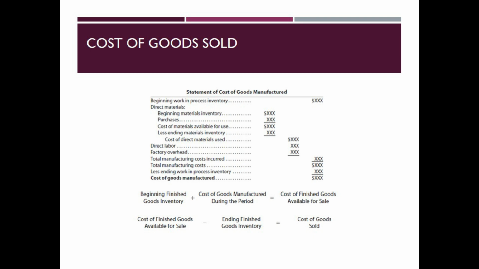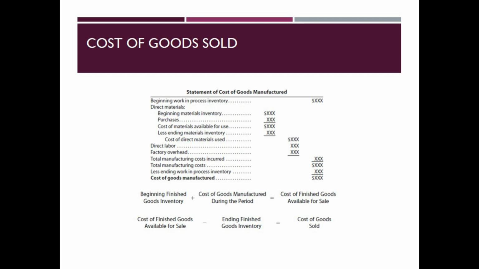If you add that with the beginning work in process, the work in process that were not done in the previous month but was continued in the current month, that would be referred to as the total manufacturing cost. And if you deduct the ending work in process inventory, then you get the cost of goods manufactured.